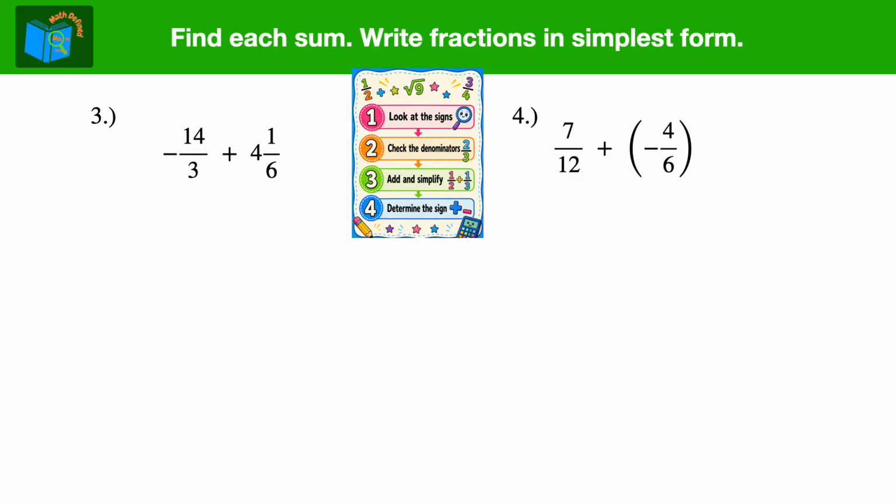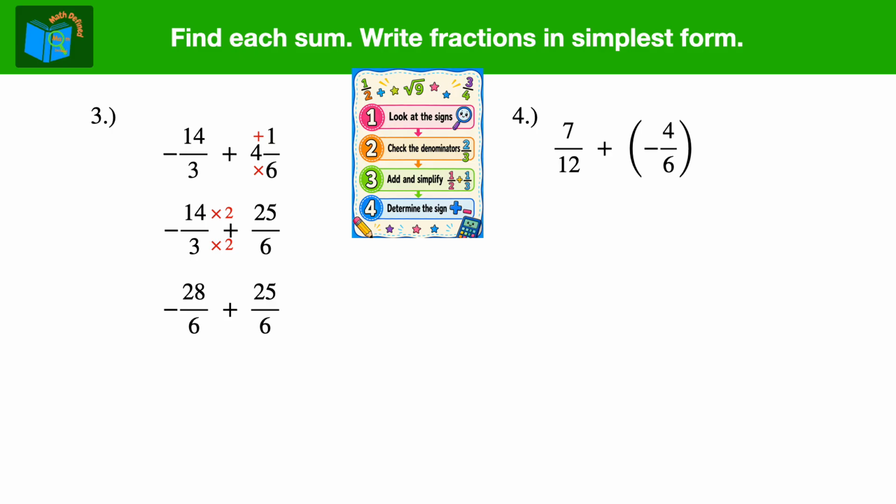All right, let's check number 3. Negative 14/3 plus positive 4 1/6. First, we'll rewrite 4 1/6 as an improper fraction, positive 25/6. Then we'll need to find a common denominator. Let's use 6. Negative 14/3 becomes negative 28/6.